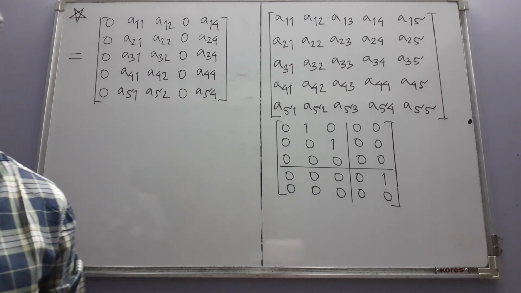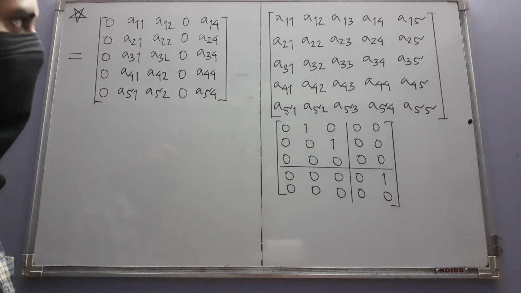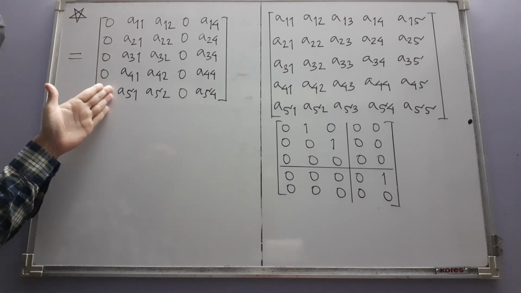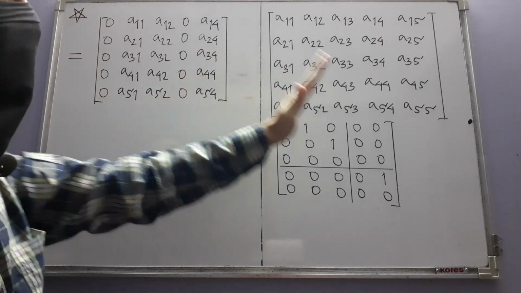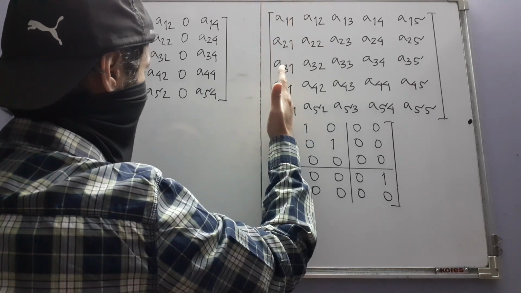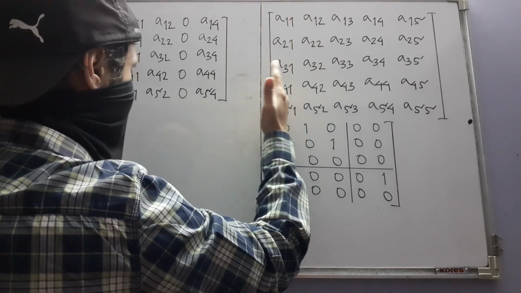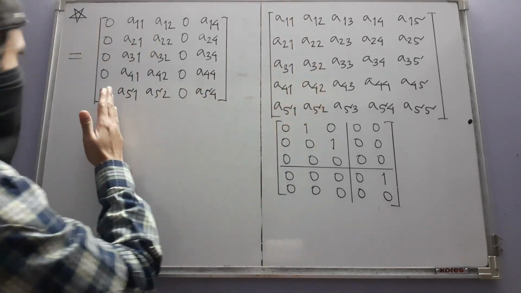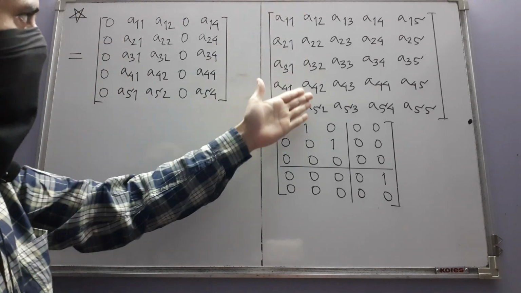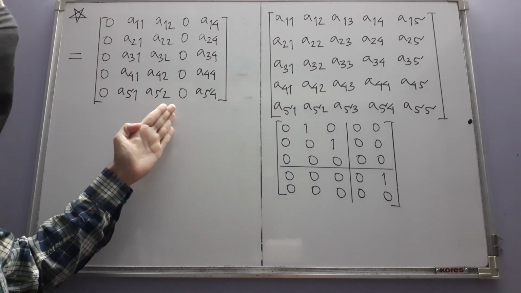We have already noted that the first column gets taken by a 0 column, and then there are shifts. The first column of the original matrix, original A, gets shifted to the right and becomes the second column. The second column becomes the third column.